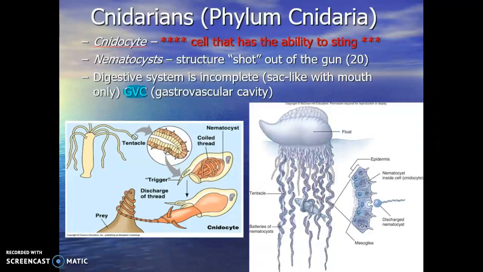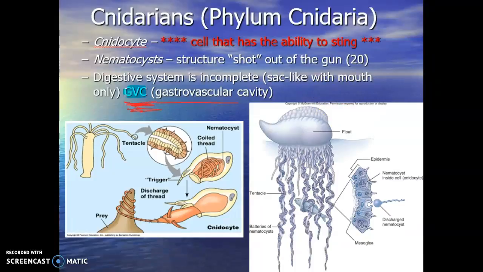Once they've shot something, the cnidarian grabs it, drags it back into the mouth, and then it goes into the digestive system, into this thing we call the gastrovascular cavity, the GVC. That's why I highlighted it, and I'm going to underline it here. Gastrovascular cavity. So the digestive system is a sac, just this big bag.